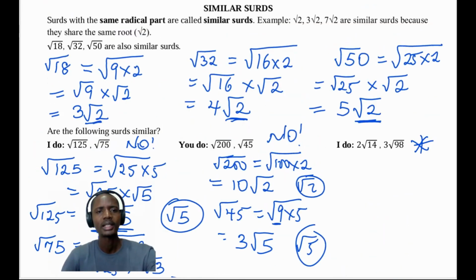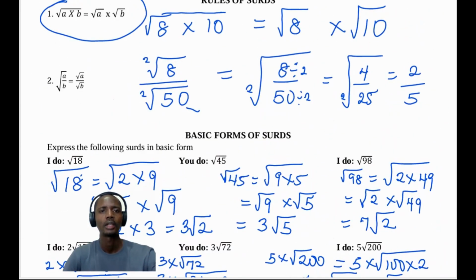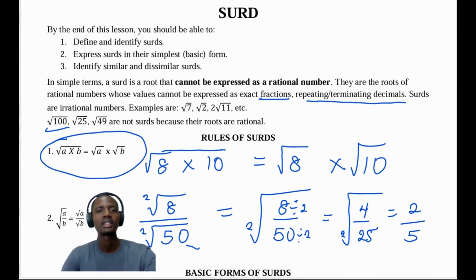So I hope at the end of this video, you are able to identify surds, you are able to express surds in their simplest form, and you're also able to identify if two surds are similar or dissimilar. So that brings us to the end of today's class.